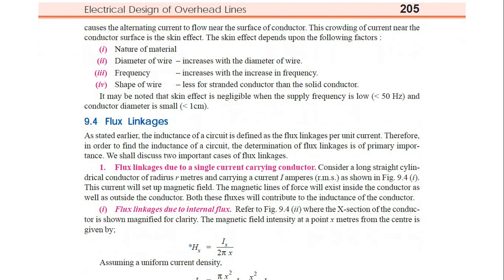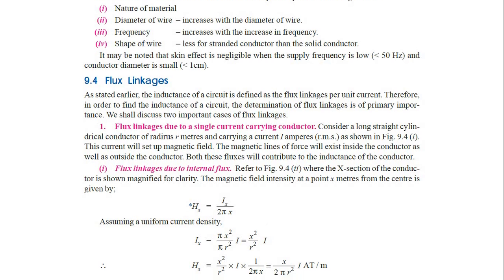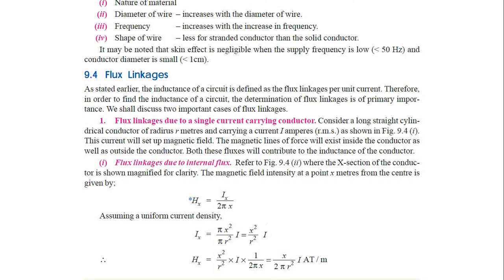Talking about flux linkages, what do we mean by flux linkages? As stated earlier, the inductance of a circuit is defined as the flux linkages per unit current. Therefore, in order to find the inductance of a circuit, the determination of flux linkage is of primary importance.